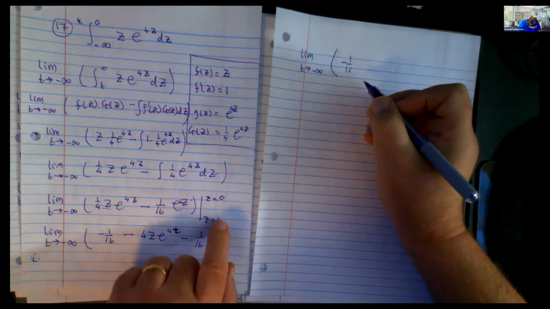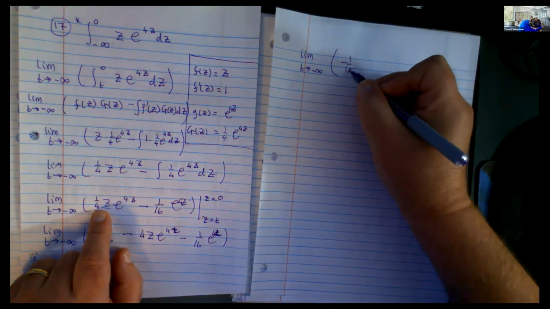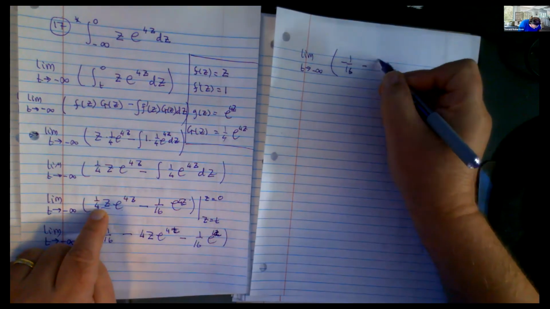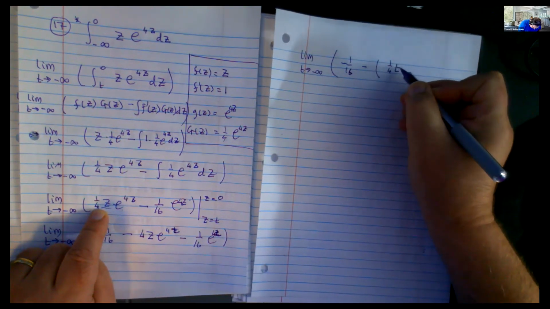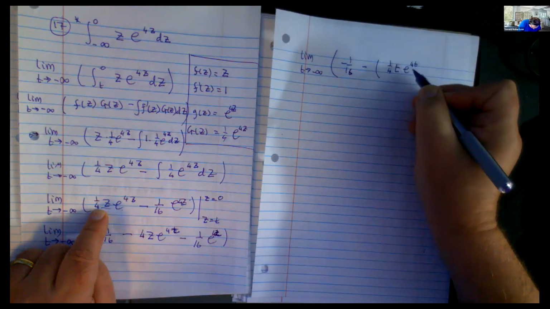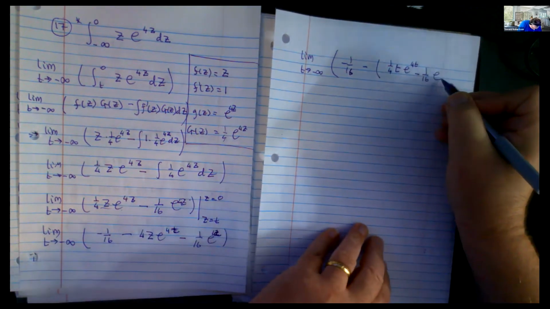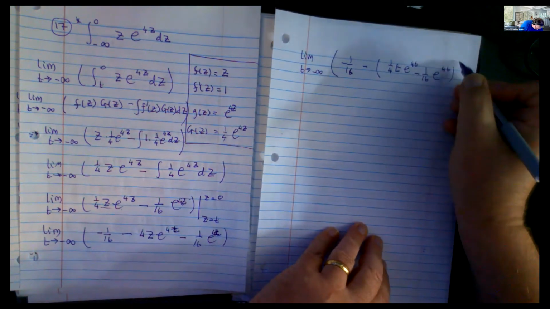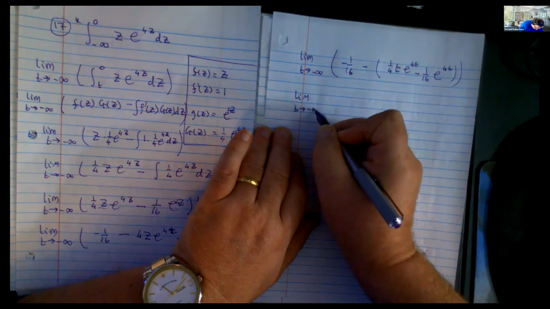Now, plugging in z's for t's. Take away 1/4 t e to the 4t. Take away 1/16 e to the 4t. Finally got it. And then tidy it up a little bit.